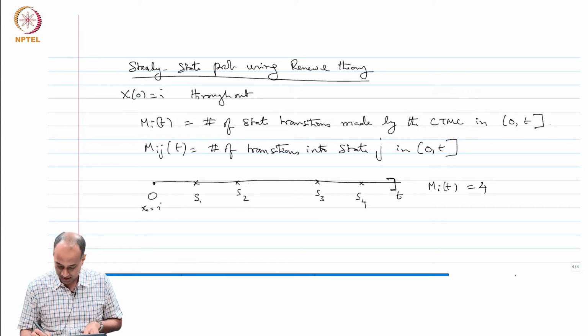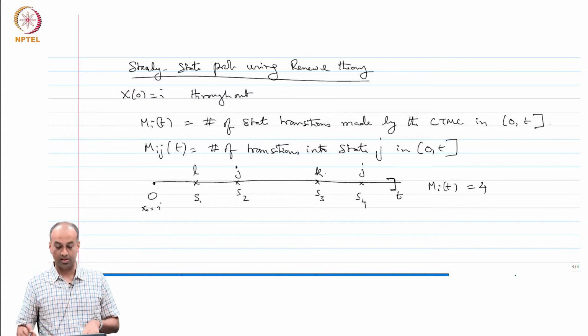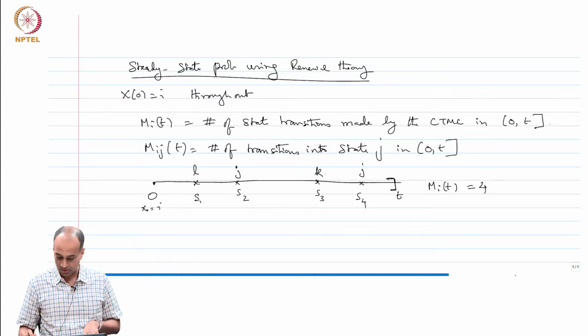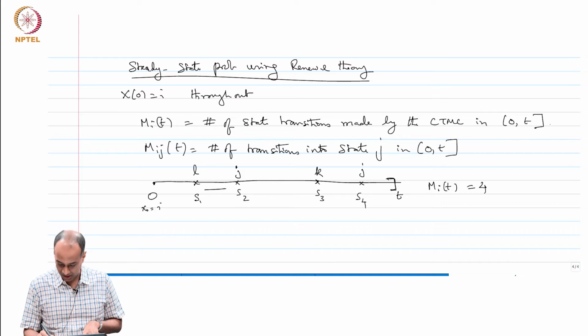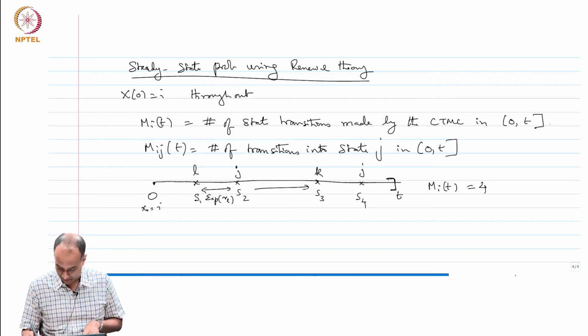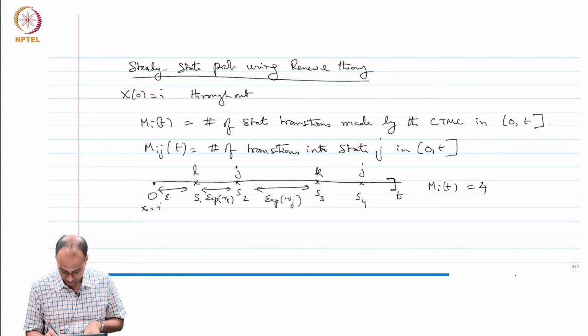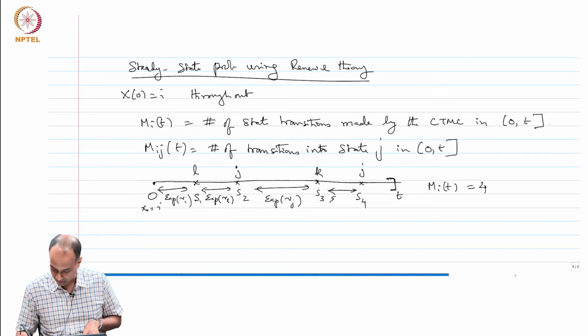And let us say that here I entered state j, and here I entered state j, here I entered some state L, here I entered some state k. So, this will be exponential nu L, this will be exponential nu j, that will be exponential nu i, that will be exponential nu k and so on.